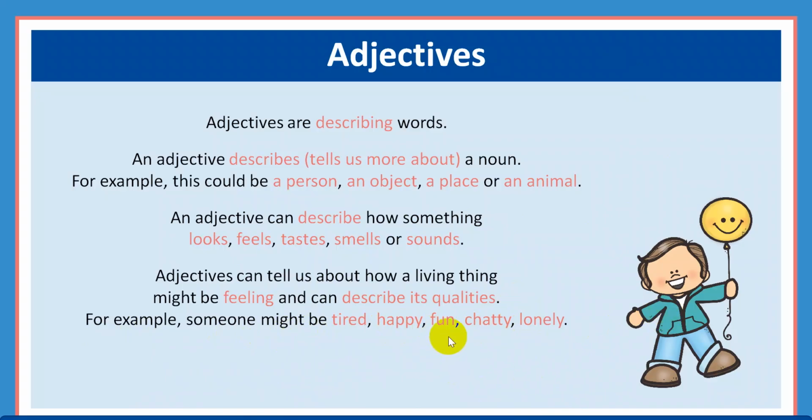In these red words, tired, we described a person, how he feels; happy, how he feels; fun, how he feels. So we described a person, and a person is a noun. As we mentioned, the adjective is used to describe a noun.